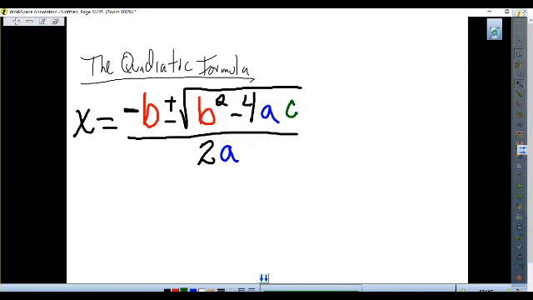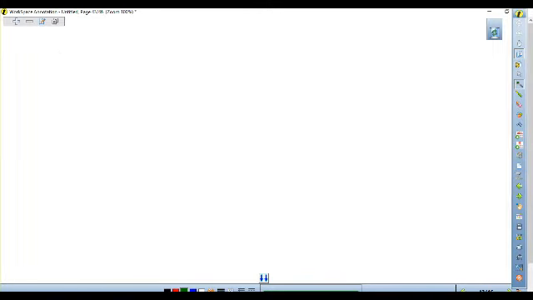The quadratic formula is x equals minus b plus minus square root b squared minus 4ac over 2a.